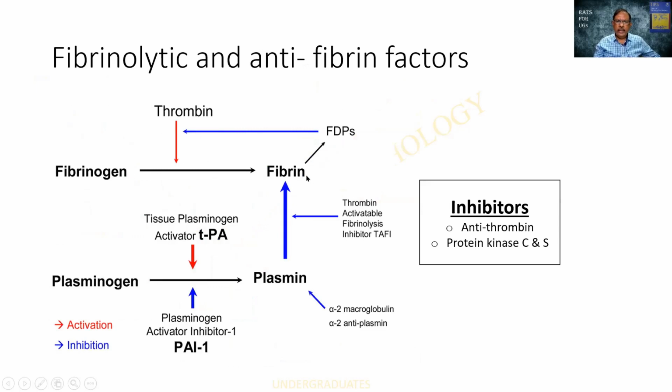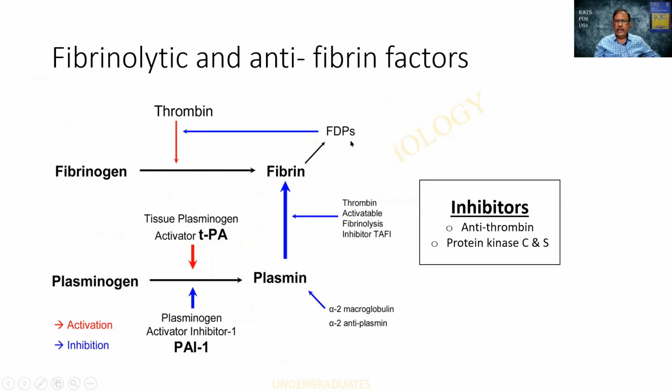Fibrinogen is getting converted to fibrin. And what happens is there is another process called plasminogen to plasmin. And this helps in the degradation of the fibrin to fibrin degradation products. This will again precipitate a thrombin. So this is a vicious cycle that is going on.